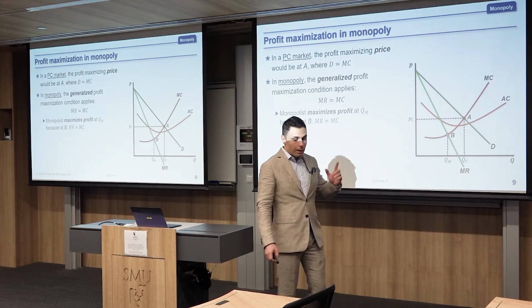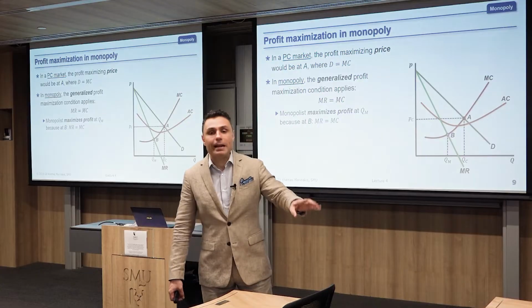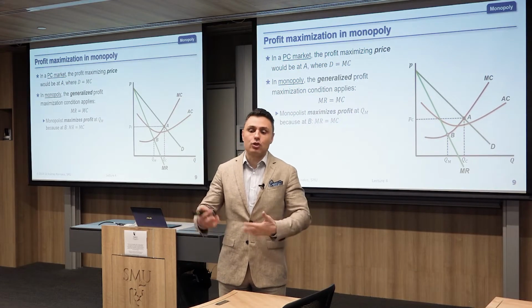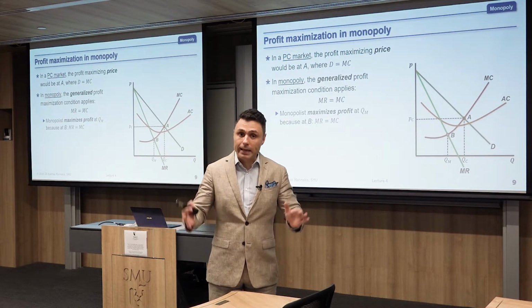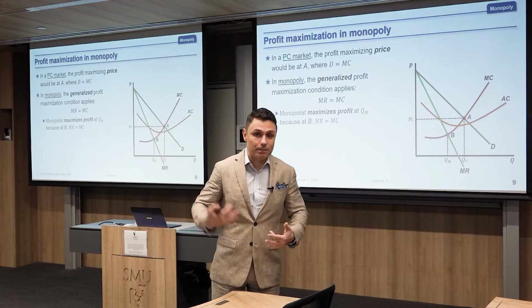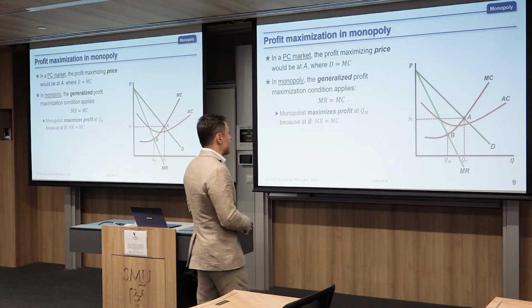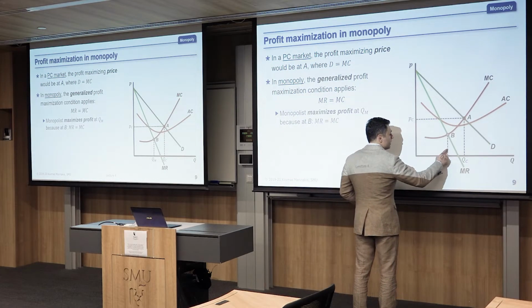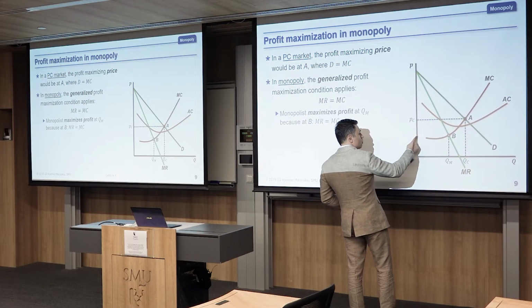But be careful, because a very common mistake that students make, and usually when I say this phrase, the first student that I observed making this mistake was myself, because I was making this mistake all the time. So you say, okay, this is the quantity, then we go from this intersection, the price is going to be there.